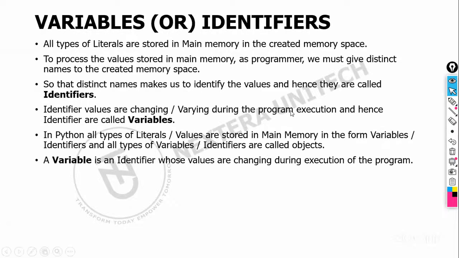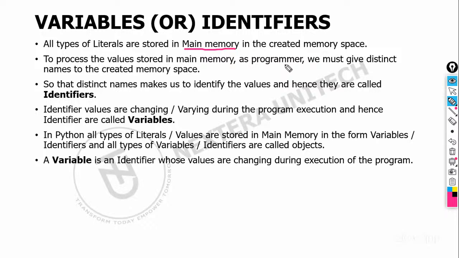The objects that we have in Python are nothing but variables and identifiers. The values that we give as part of program, the inputs that we pass, will be stored in the main memory. Within the memory space, these values get stored. And in order to process them, we have to come up with names.